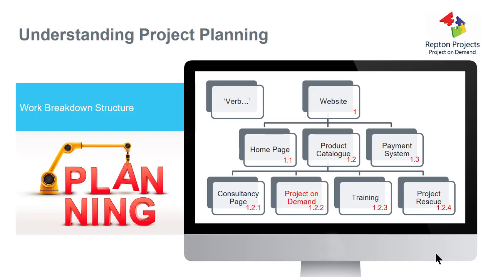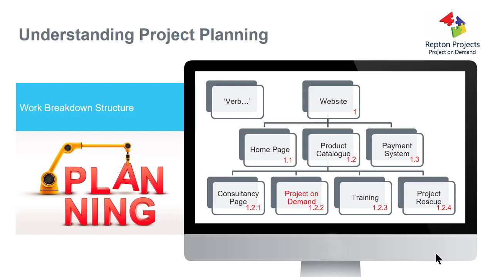So if I build the home page, I build the product catalogue, I build the payment system, therefore it gives me the website. However, I've also split up the product catalogue into 1.2.1, 1.2.2, 1.2.3 and 1.2.4. So yet again, when I've actually built the consultancy page, the project on demand page, the training and the project rescue page, I've automatically built the product catalogue page. So that is a work breakdown structure in a diagrammatic form.